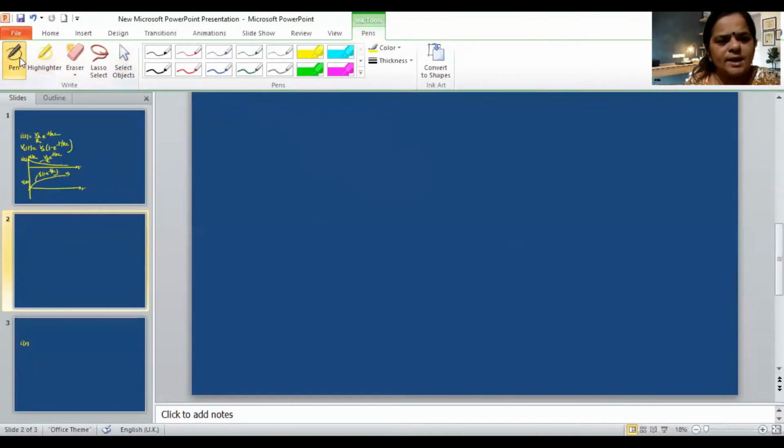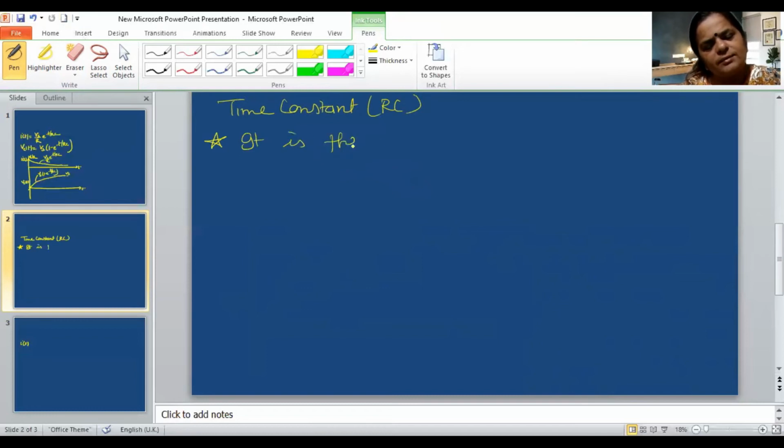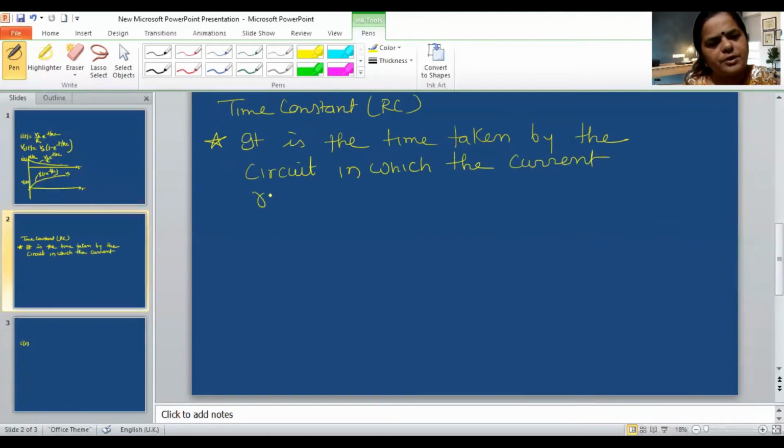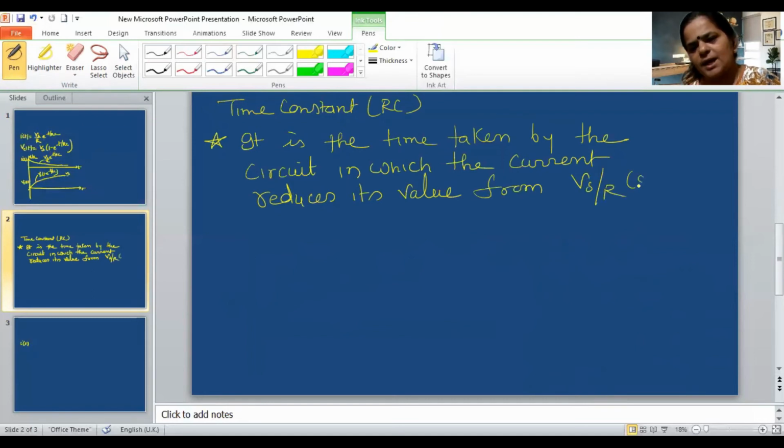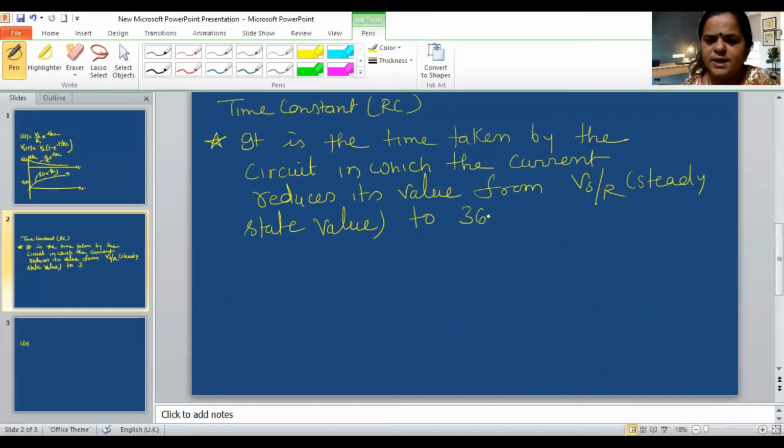Now the next thing is the time constant of an RC circuit. The first thing is, it is the time taken by the circuit in which the current reduces its value from Vs by R, that is the steady state value, to 36.4% of the steady state value.